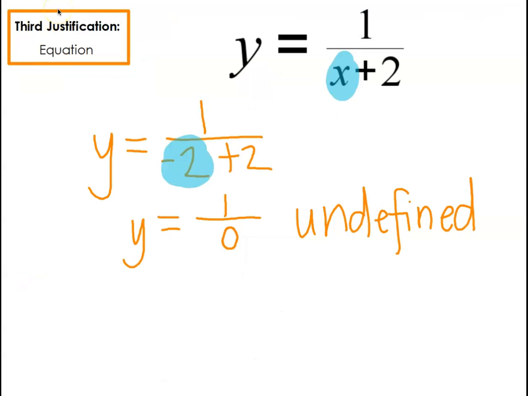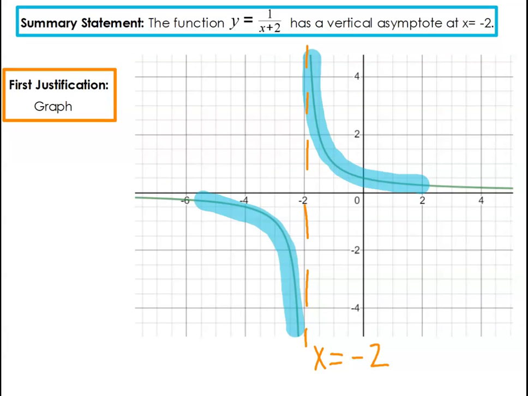And then we saw it in the equation where, when we substituted negative 2 in, we got 0 in the denominator, which we know we cannot do in math. We can't divide by 0. So it's more powerful when you have 3 different representations to back up a statement. And in Algebra 2, this skill is going to prove to be very valuable for you as we get into more complicated function families.